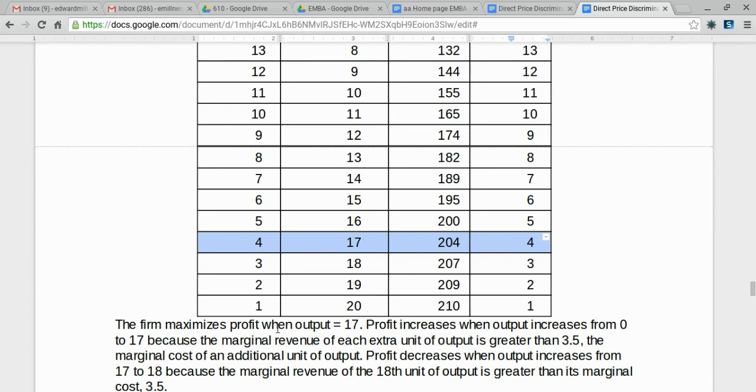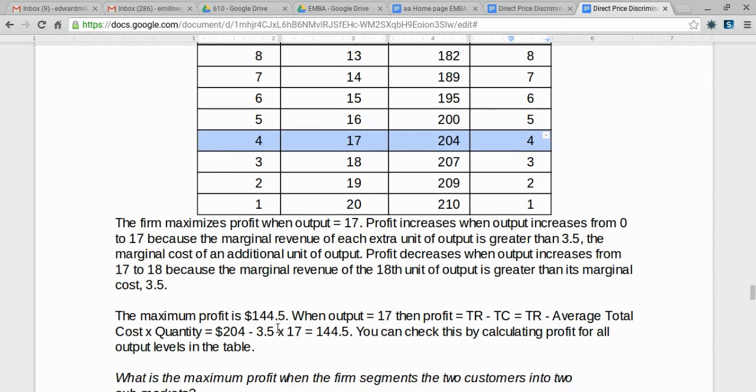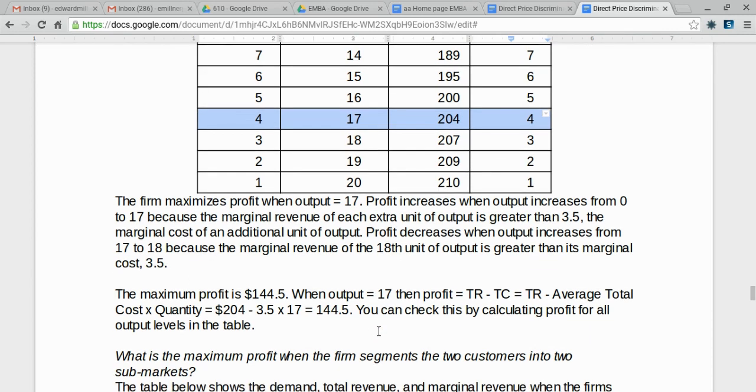We can find the maximum profit in that case to be 144.5. When output is 17, profit is total revenue minus total cost. We've already found total revenue by adding up the prices that people are willing to pay. We multiply average total cost by output to find total cost. The result is 144.5. Again, you can check this by calculating profit for all output levels in the table.